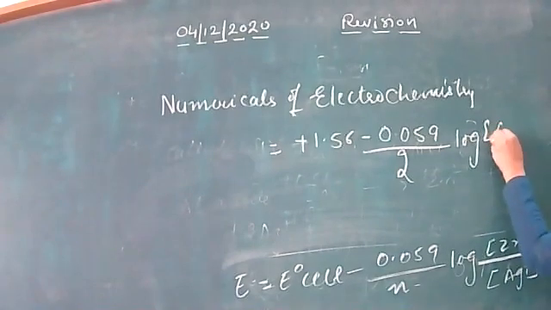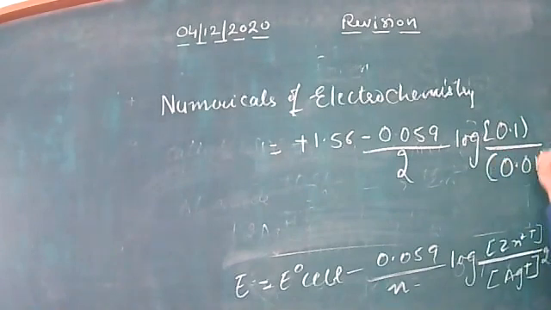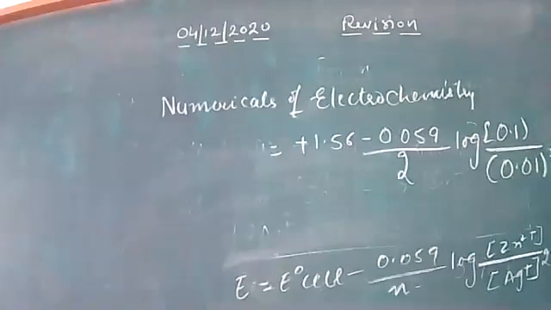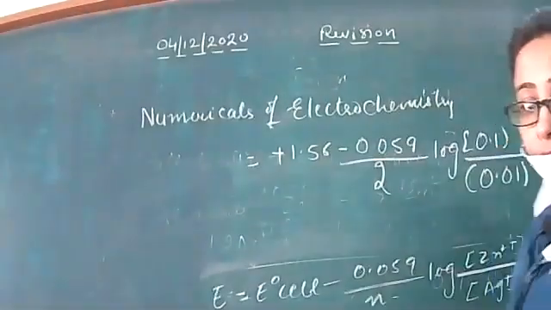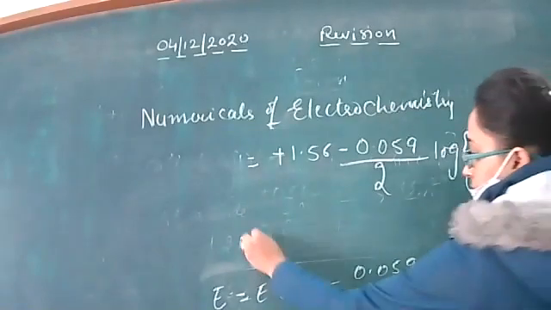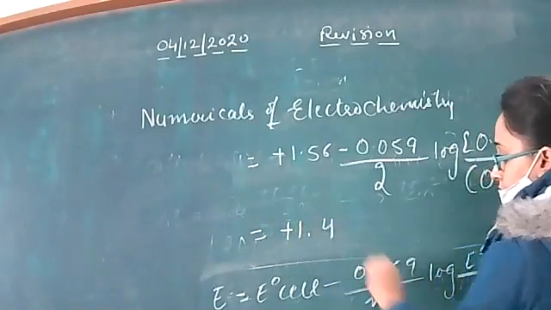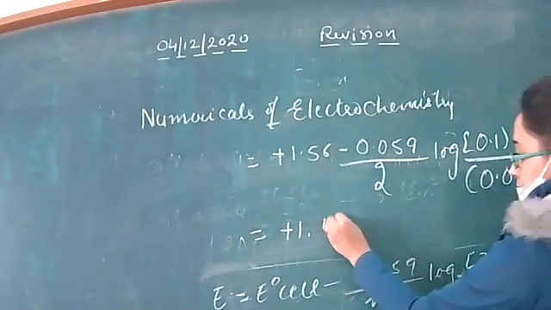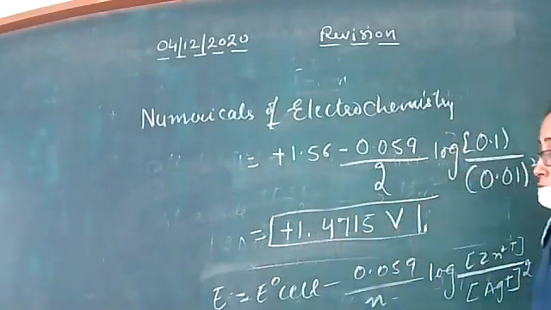It was 0.1. And the concentration of silver is 0.01. Solve it, beta. Hurry up. The solving portion you will do, and I have told you how to do the numerical. So you will solve it and you will get the answer 1.4715 after solving this particular numerical.